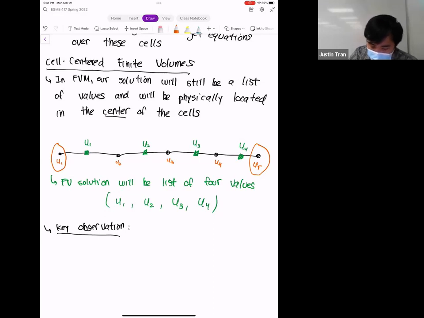In finite volumes, we no longer have that luxury. The application of the boundary conditions is probably going to be the part that's most different between finite volumes and finite differences.